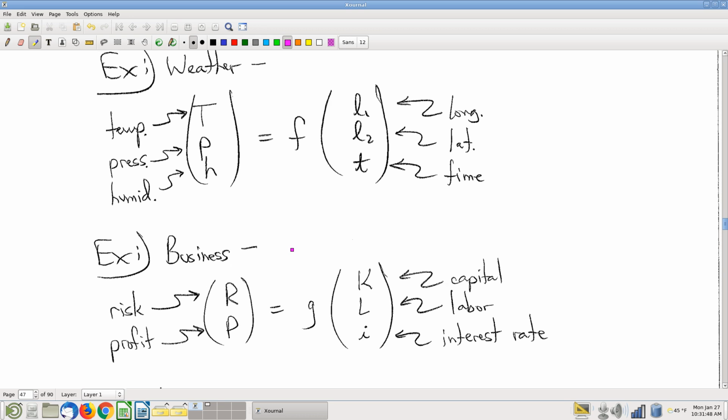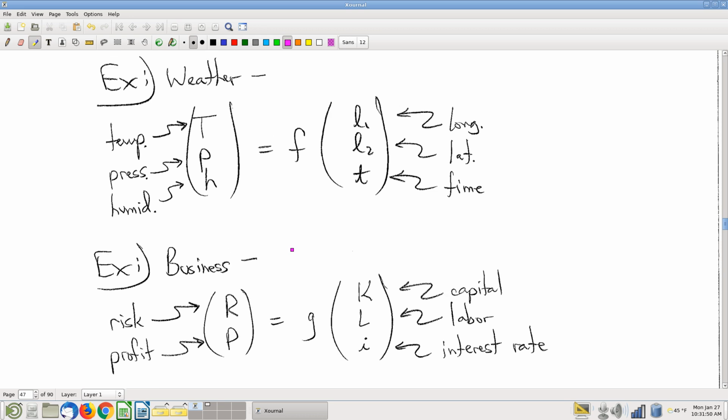How would I draw graphs of these highly relatable, clearly important functions? And remember the counting that we did of how many variables are involved. Let's take this business function right here, for example. Well, we've got 1, 2, 3 input variables, and then another 2, making a total of 5 once you include the output variables.